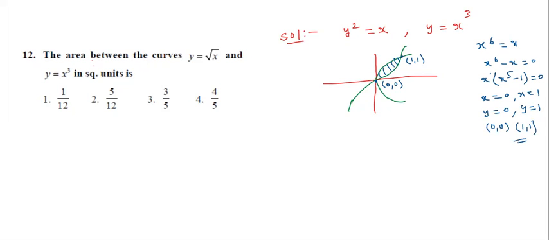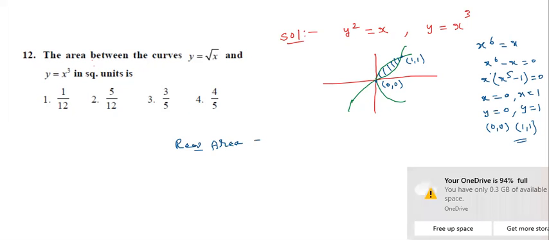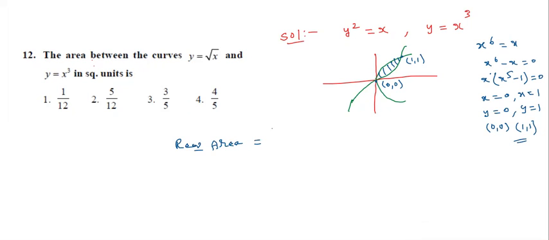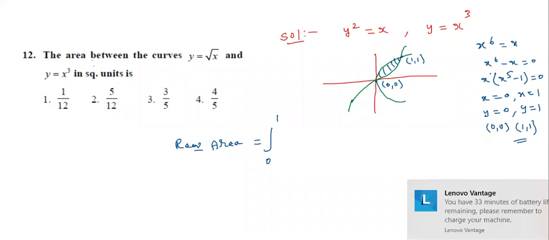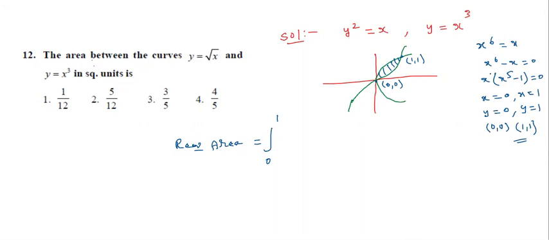Students, do you understand now? What is the required area? Required area is equal to, so what are the limits? 0 to 1. I am taking x values, and take the upper curve. Y square is equal to x is the upper curve. Now what is y?